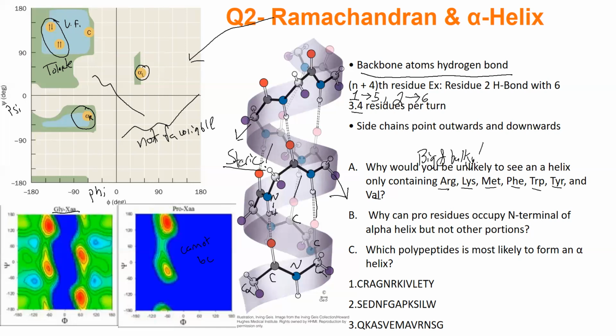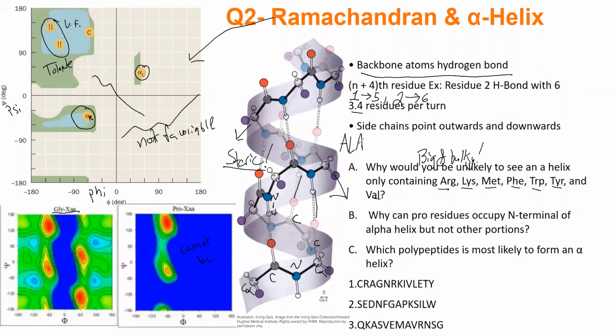So you can't have nothing but giant side chains in an alpha helix. You can have some of these amino acids, but you can't have them all because they will bump into each other. Steric hindrance is unfavorable, so you need to have some small amino acids in there.